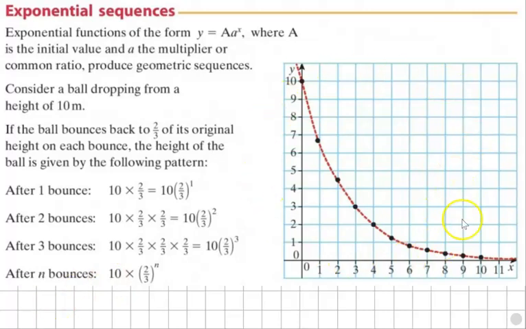This is an example of an exponential graph, and it started off very high up. We can only see 0, 10 on the axis, but we can imagine that it started much higher. Not the ball as such, but just the graph that represents the pattern of the ball bouncing. Then it shoots down, and very gradually gets closer to the x-axis, but it doesn't actually touch the x-axis.